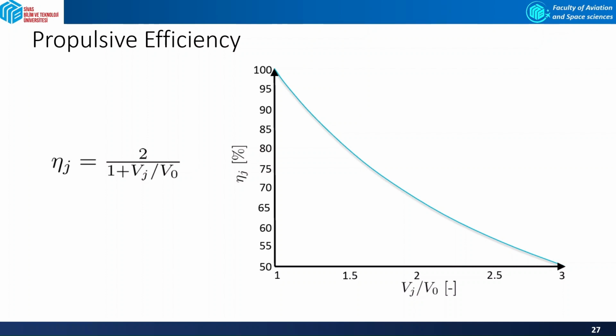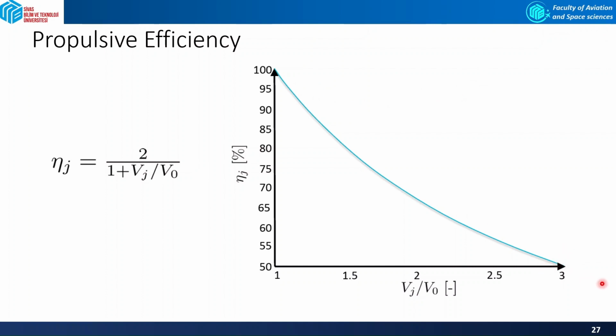If you draw a graph of this equation, with propulsive efficiency on the y-axis and the ratio of jet velocity to the flight velocity on the x-axis, you can observe that as the ratio increases, propulsive efficiency decreases.